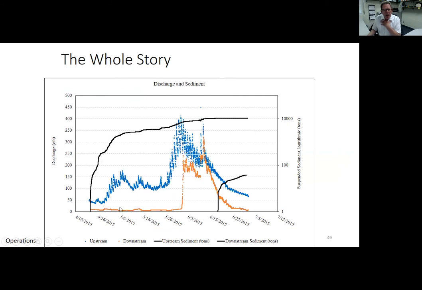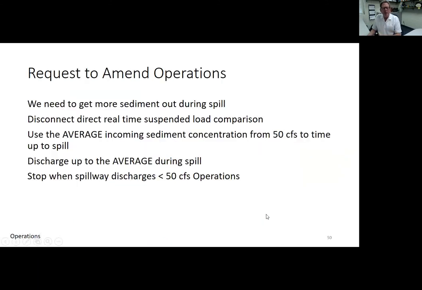Now, these black lines represent a mass curve of sediment. This is how much is coming into the reservoir, and this is how much we removed. Based on that 2 days experience, we requested an amendment to the operations that we might be able to get more sediment out of the reservoir. We realized that by the time the reservoir fills with water, most of the sediment had already come in.